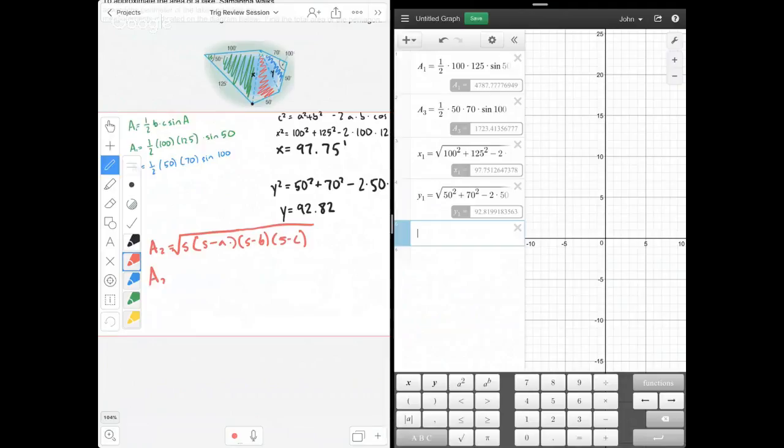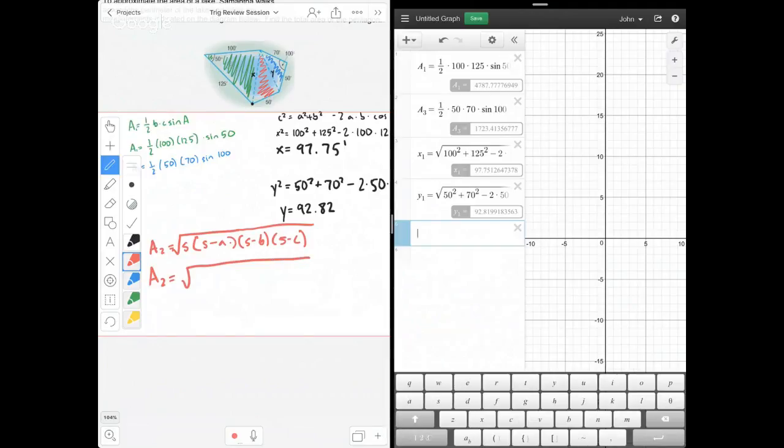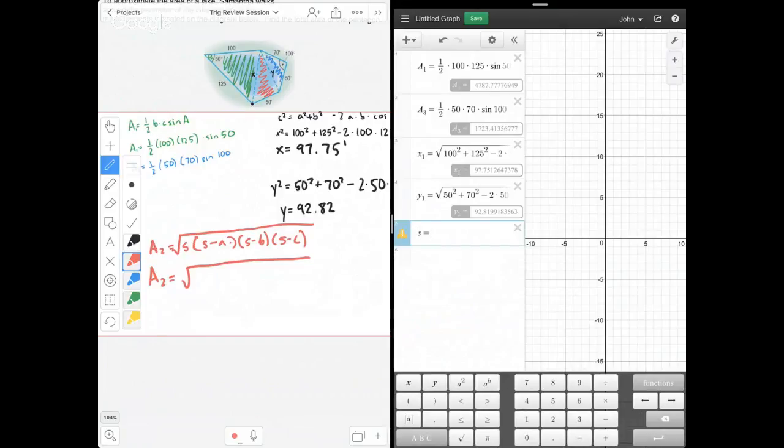In this case, the semiperimeter s equals 50 plus x1, which was 97.75, plus y1, which was 92.82, all over 2, which is 120.28.